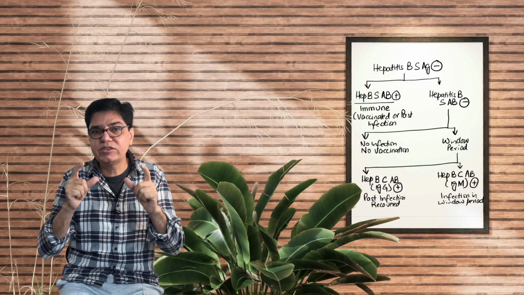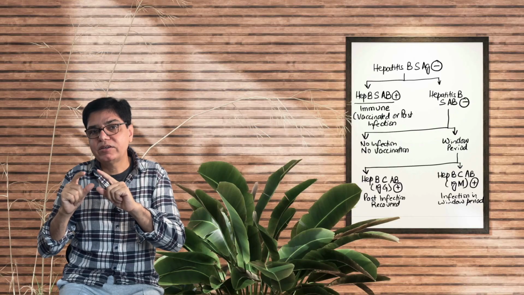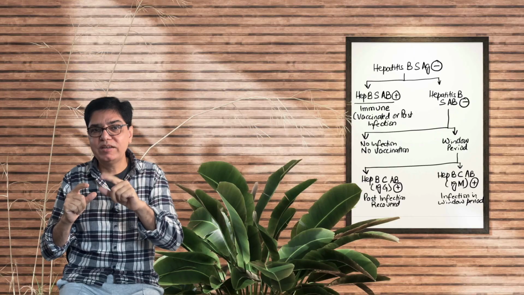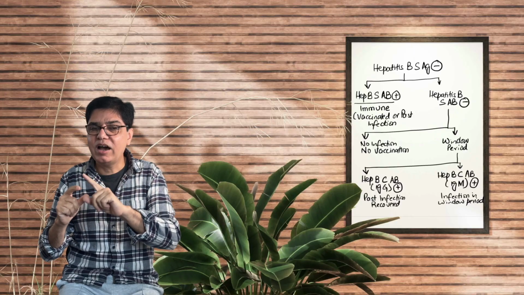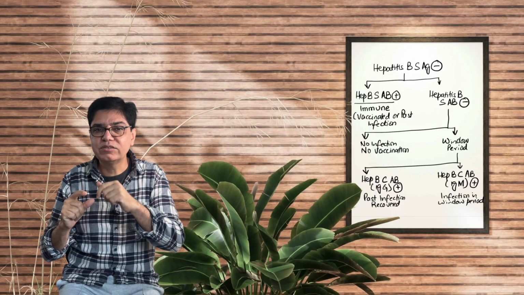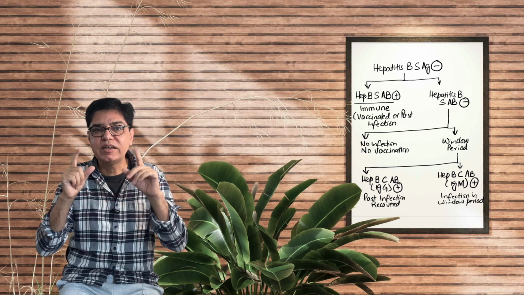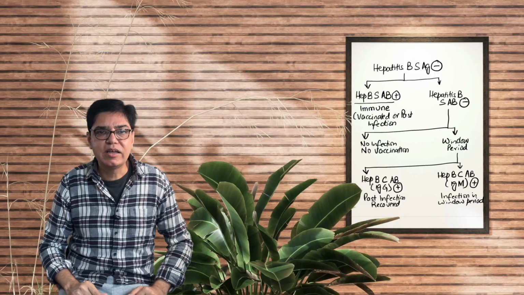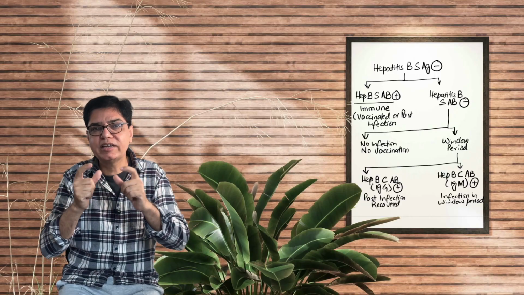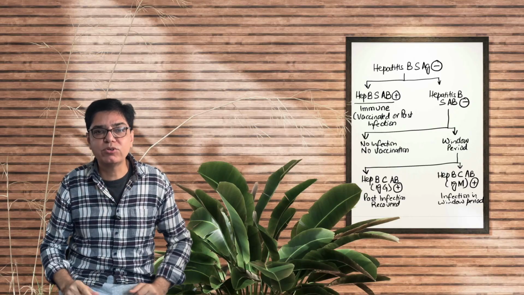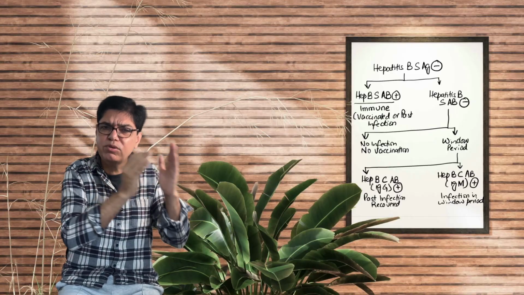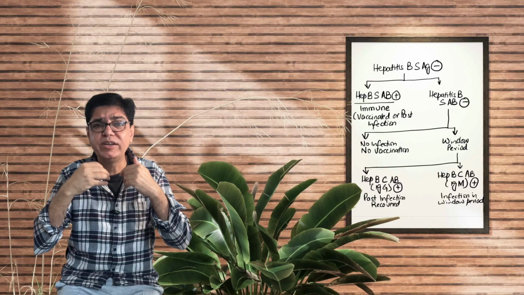So in that particular case, if you are doing the hepatitis B core antibodies and the IgM is positive, surface antigen is negative, but the IgM core antibody is positive, then it means that this person is what? He is in the window time period. But let's say this IgM is negative, but the IgG type is positive, then it simply means that this person had a hepatitis B infection somewhere in the past from which he has fully recovered.